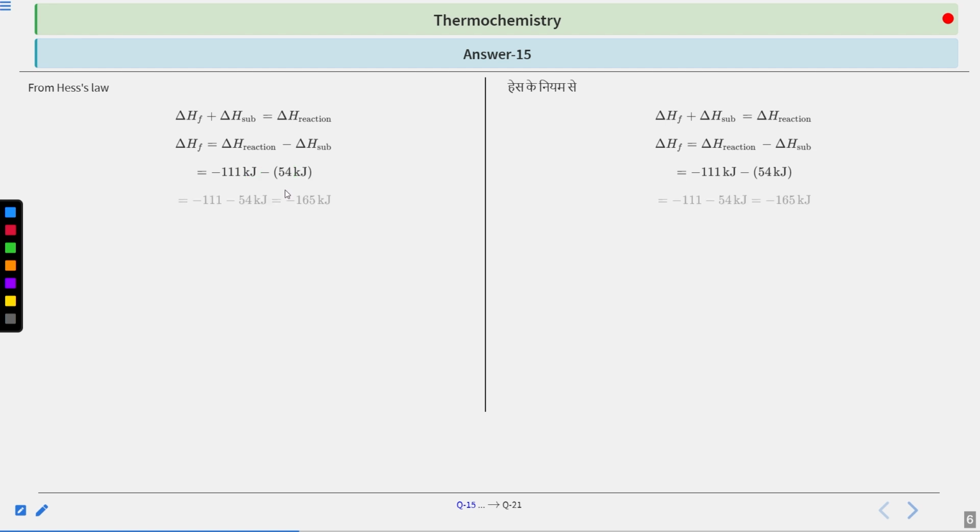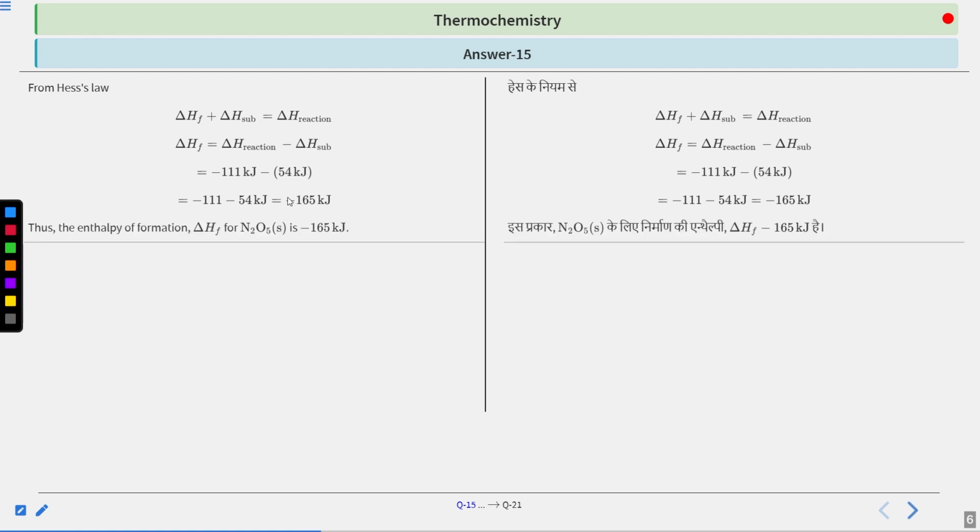That gives us minus 165 kilojoule. So 165 kilojoule of energy is released if the formed product is solid instead of gaseous. The answer is minus 165 kilojoule. In this way, you will solve question number 15. Moving on to the next question.